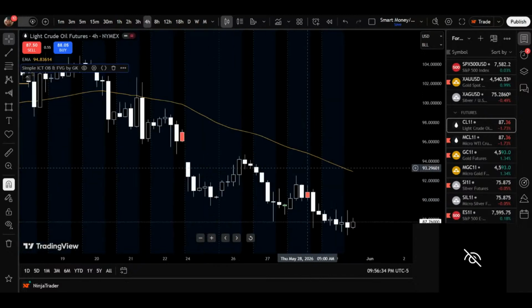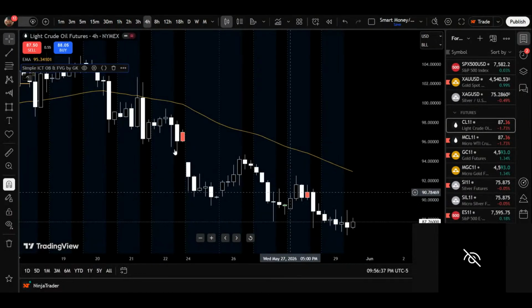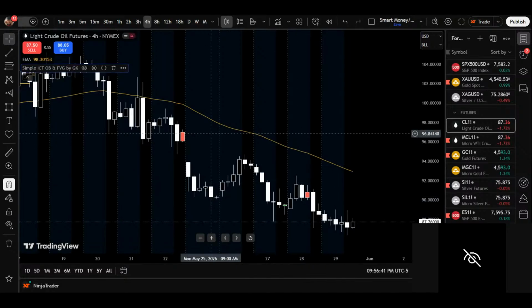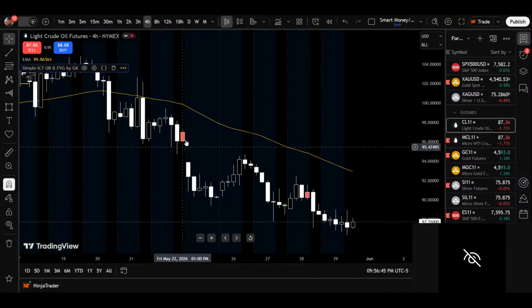Remember, an order block leads to a break of structure, and you gotta have that big long candle. See this gap? This gap is like a bear candle. When you see a gap like this and price is down here, consider it like one of them impulse bear candles.